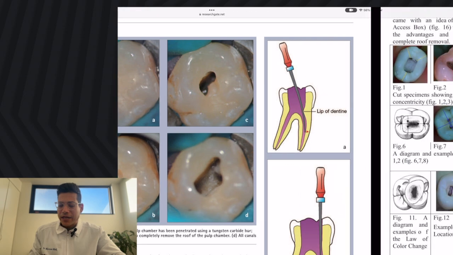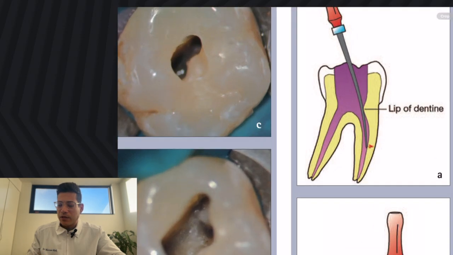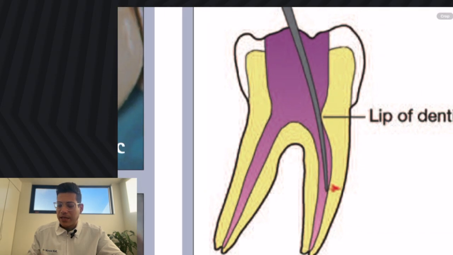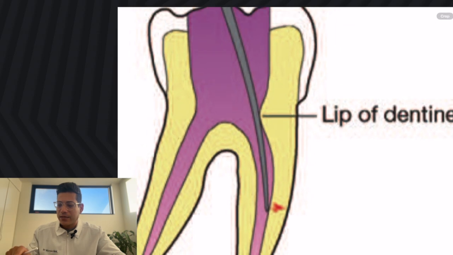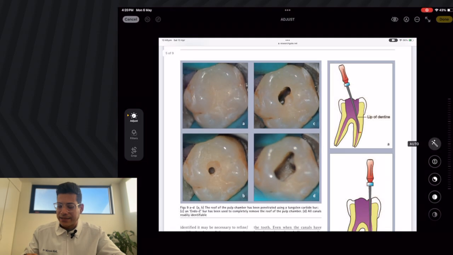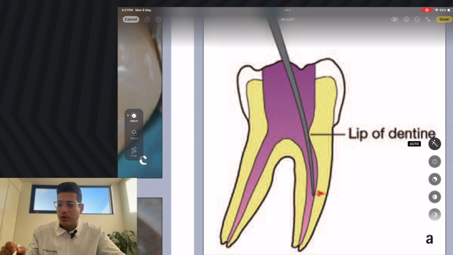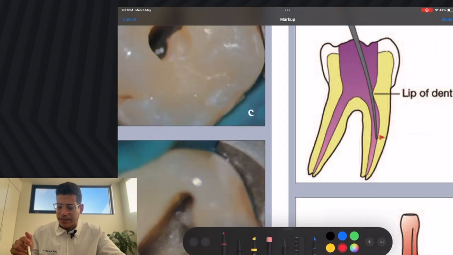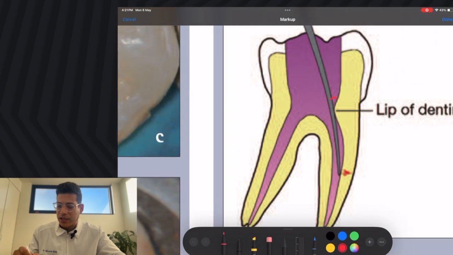Then we go back into this science in which we look at something and we say, can you see where the lip of dentine is? That's basically exactly your roof. Because when we look at something like this, that's something that you need to remove. So you should have a clean axis there. This has to be clean.